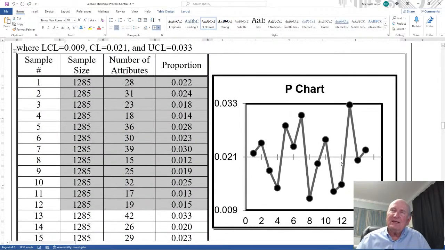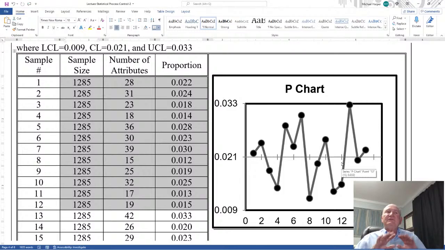Now notice I keep saying evidence to infer because it doesn't prove it. It's just evidence to make an inference. Because the process may be in control. What's wrong may be your measurements. The quality assurance may be wrong, not the process. Or you've plotted it wrong, or you're measuring it wrong, or you have the wrong sample size.